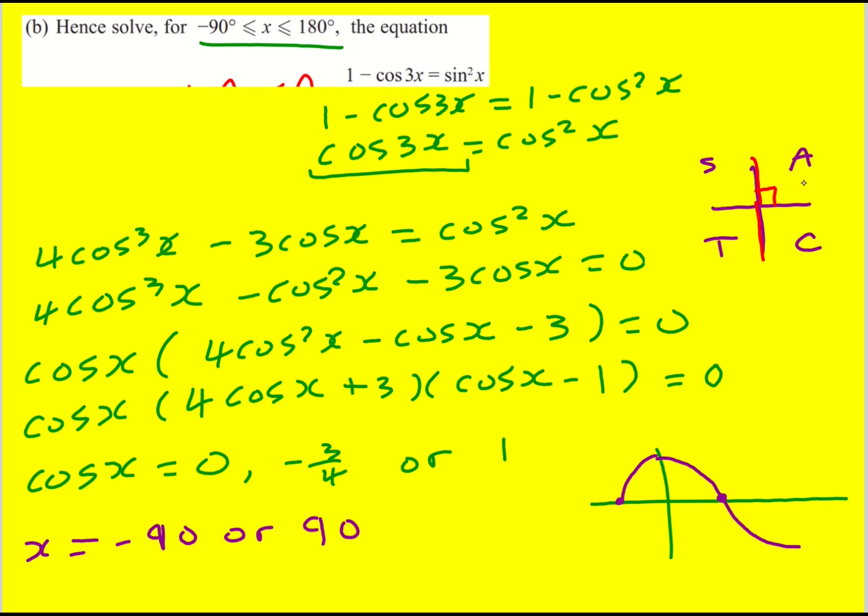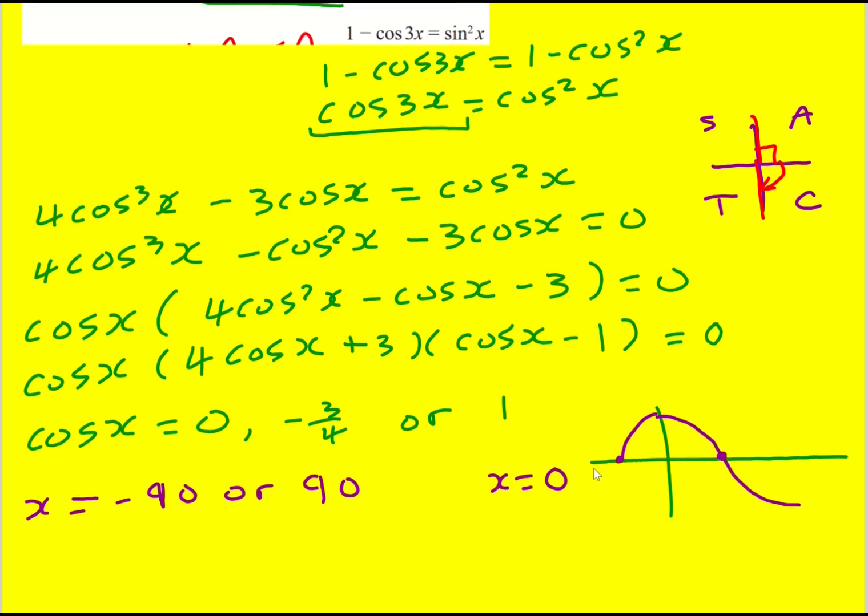Once I've got my 90 there, I need to go the opposite way to get the minus 90. If I do 1, we can see I'm going to get 0. If you put that on your calculator, you'll just get 0, and then we see there's nothing else in the range. If you do the cast diagram, it would be 360 minus 0. You get 360, but that's not in the range.